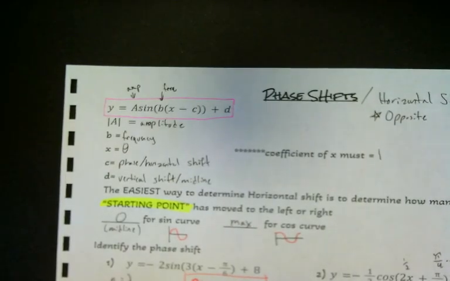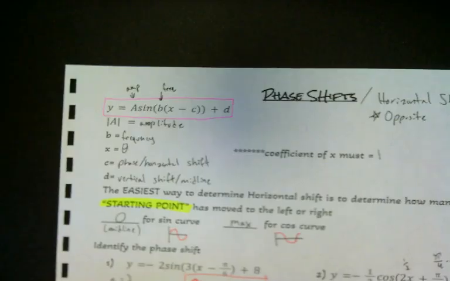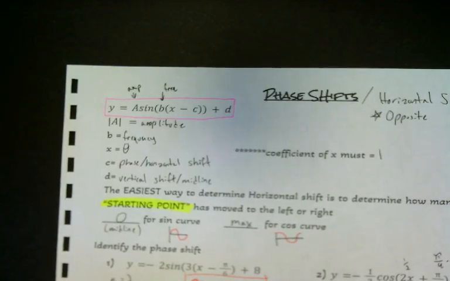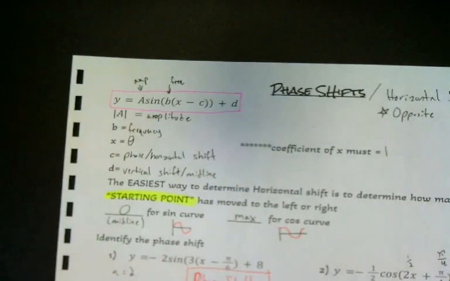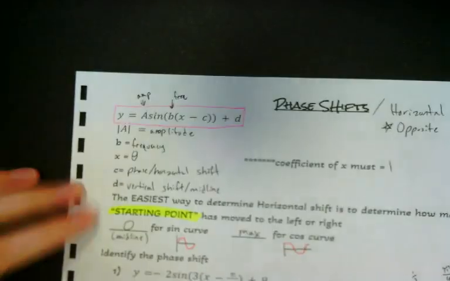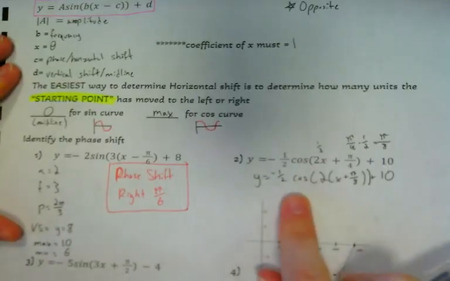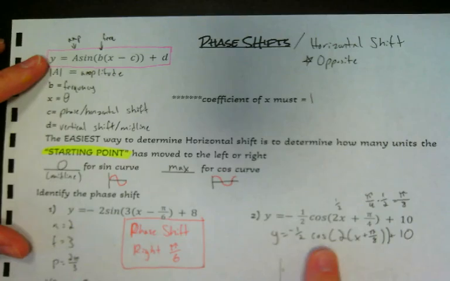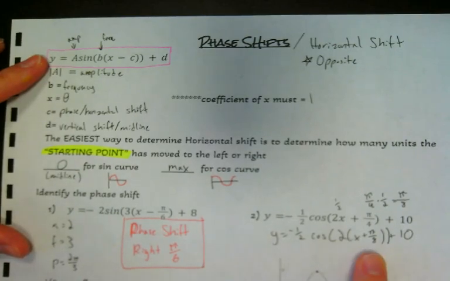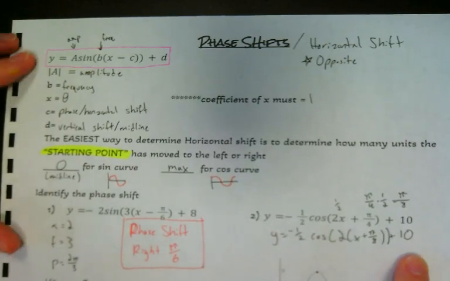So pi over 4 times 1/2, multiplying across, I get pi over 8. And then just copying down plus 10. So this matches my form that's all the way up here: my amplitude, my function, my frequency, my x plus or minus my phase shift, and then my vertical shift.